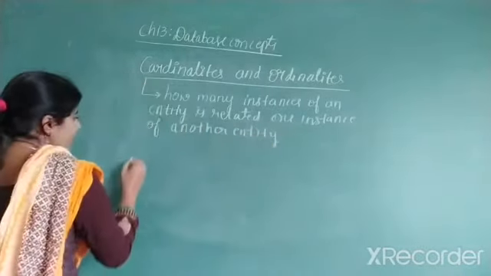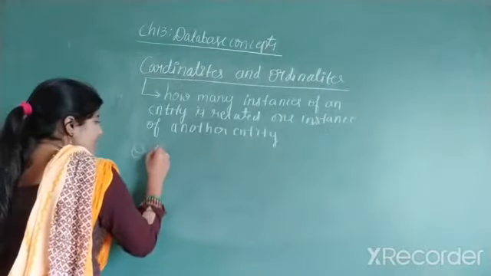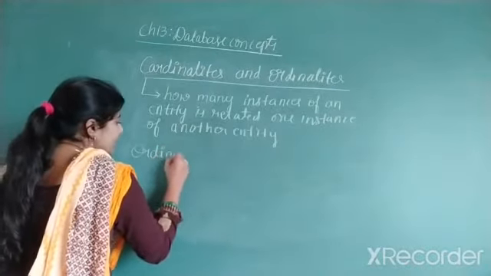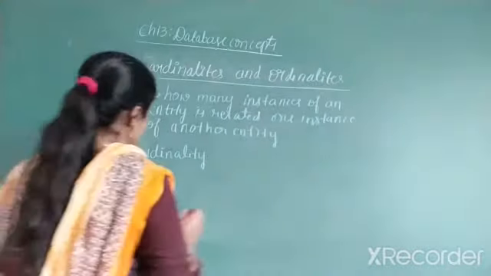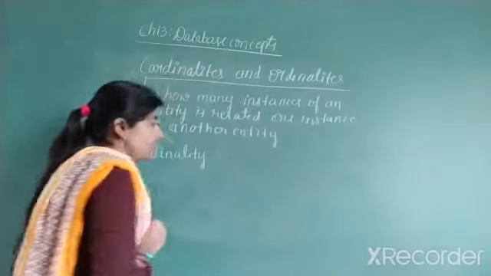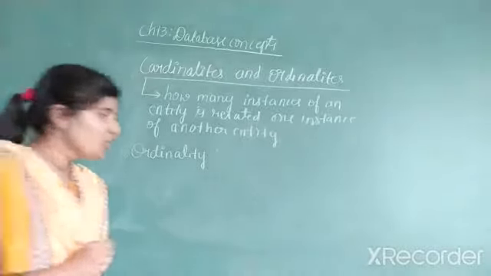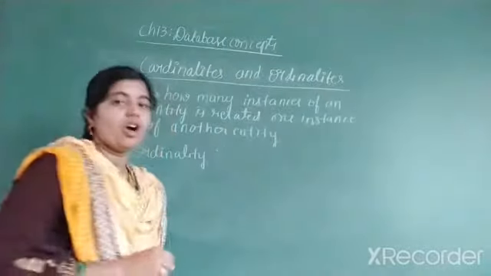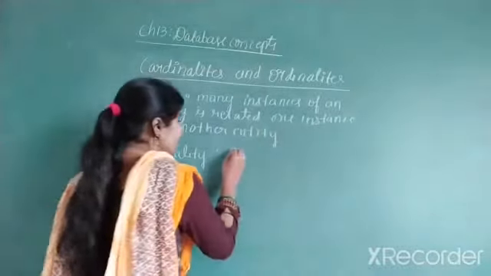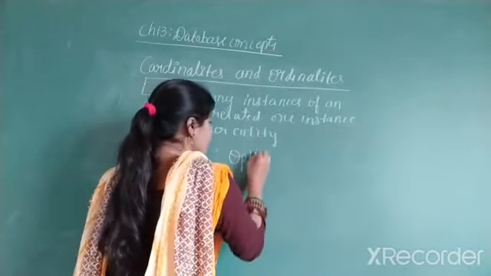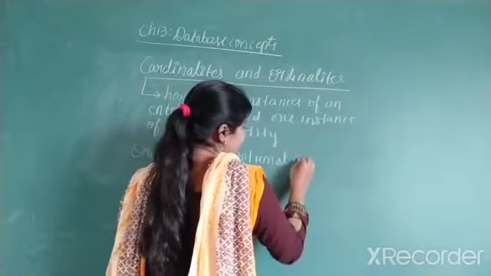But the ordinality describes the minimum or absolute number of relationships, or you may write, the ordinality describes whether the relationship is optional or mandatory.